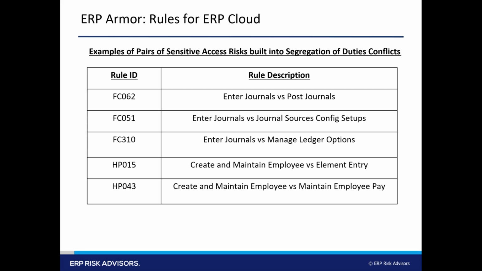Both of those really should be going through change control. When we're building SOD conflicts, we're building what we call transaction versus configuration. We want transactions to be managed by end users and configurations to be managed by IT professionals as part of the change control process. So we're trying to evaluate whether or not somebody has access to both within a role or across roles.